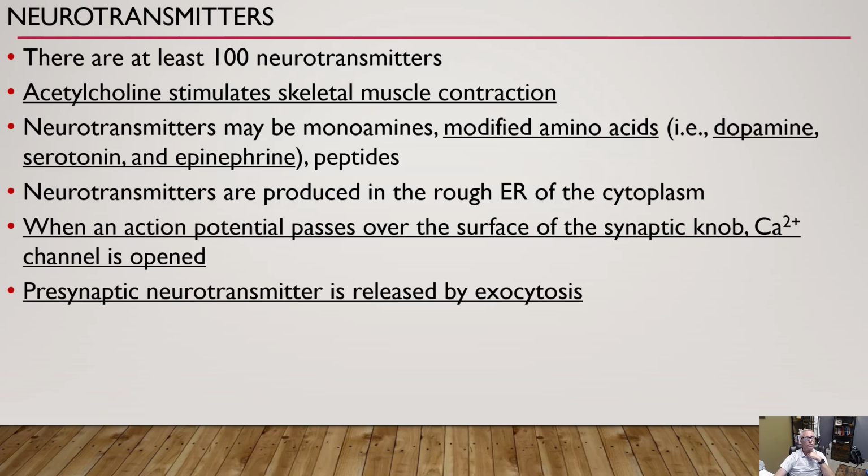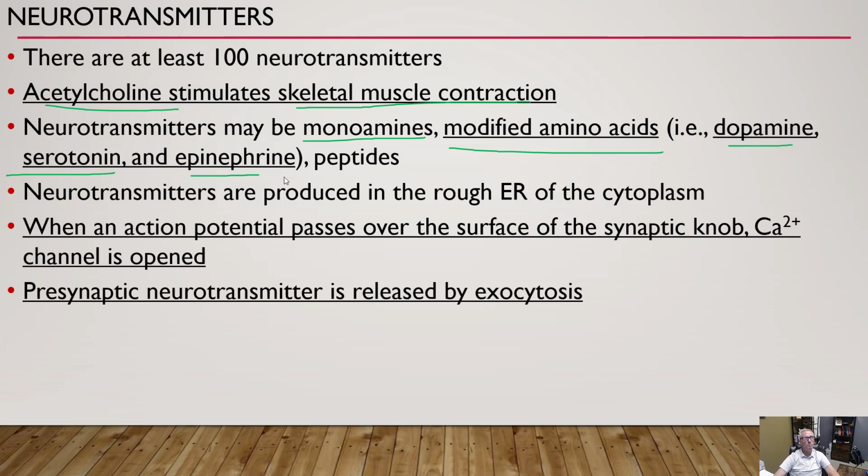All right, for neurotransmitters, I've said before, we have about 100 different neurotransmitters. We already know acetylcholine is the neurotransmitter for skeletal muscle contraction. Neurotransmitters can be monoamines, modified amino acids: dopamine, serotonin, epinephrine.